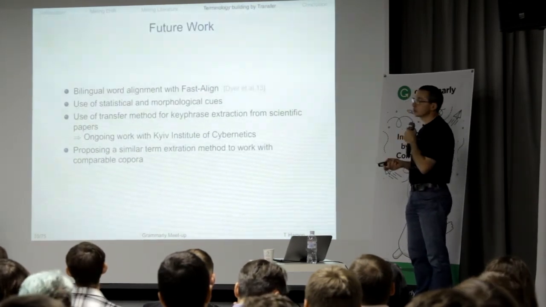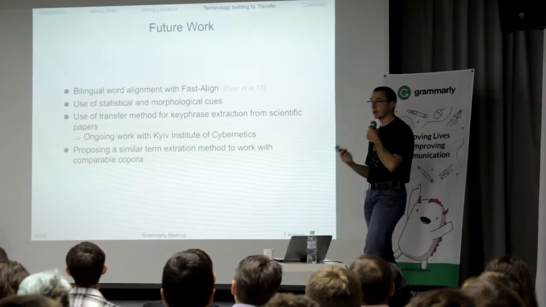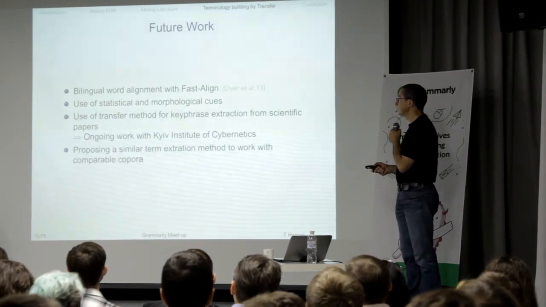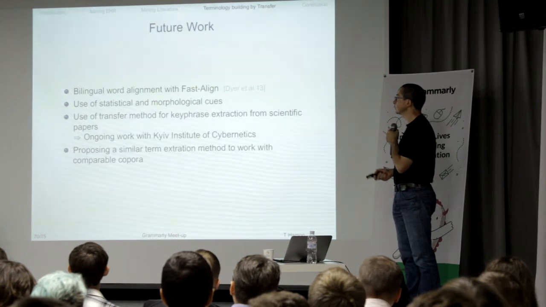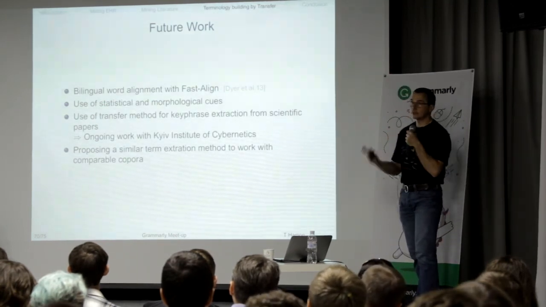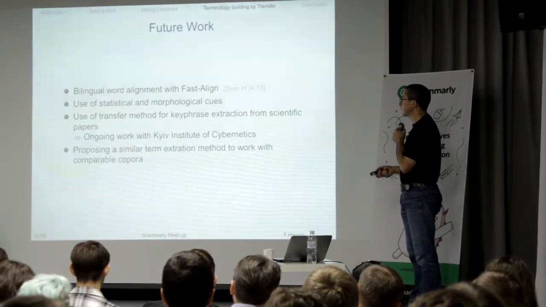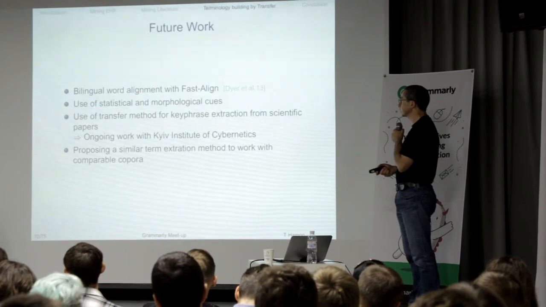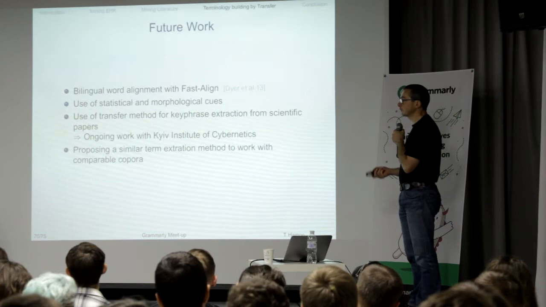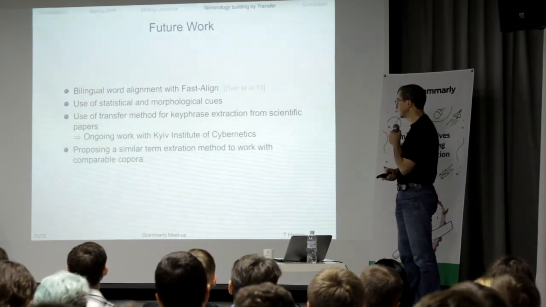So there is future work. First, we can change the word aligner by using fast align. But we would also like to use statistical or morphological cues to improve the transfer approach. And we are working on key phrase extraction from scientific papers with the Institute of Cybernetics from Kiev.